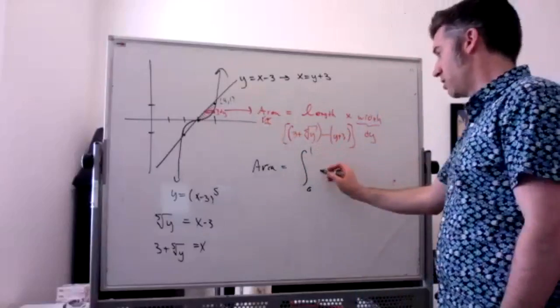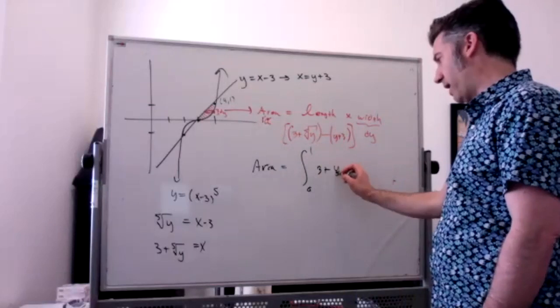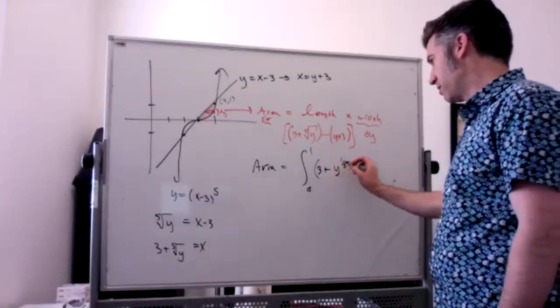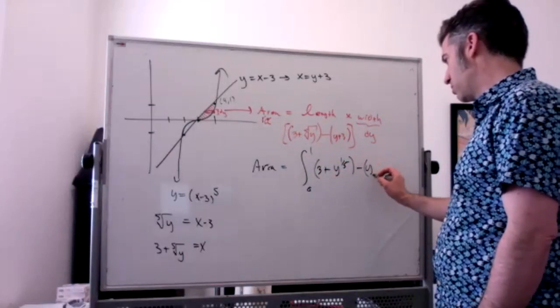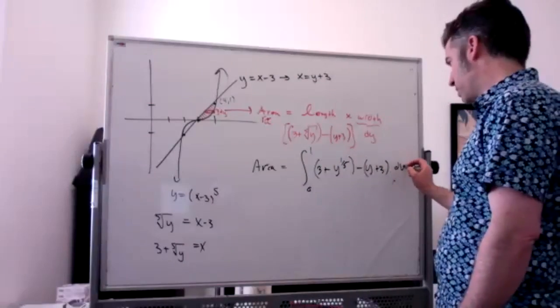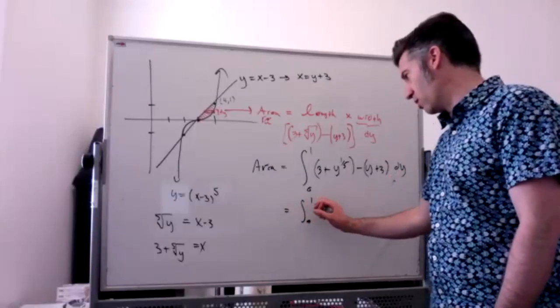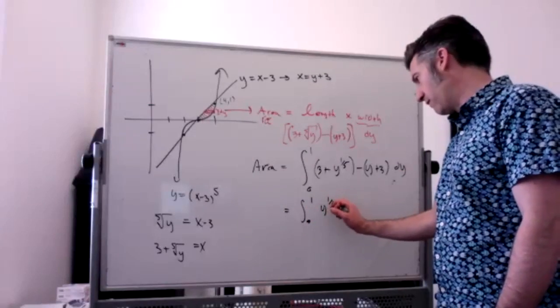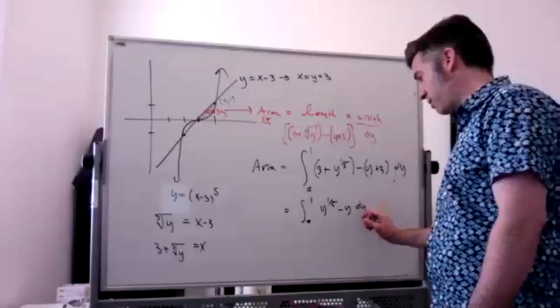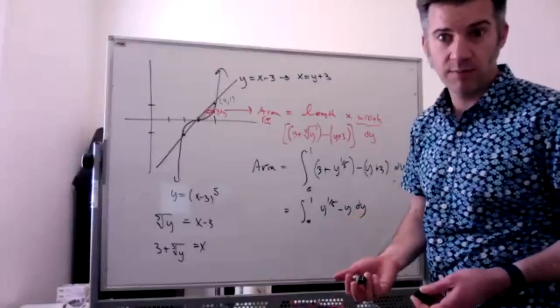And then it would be 3 plus y to the 1/5 minus (y plus 3), which will simplify a little bit. You could definitely simplify this as the integral from 0 to 1 of y to the 1/5 minus y, because the 3's would cancel out.